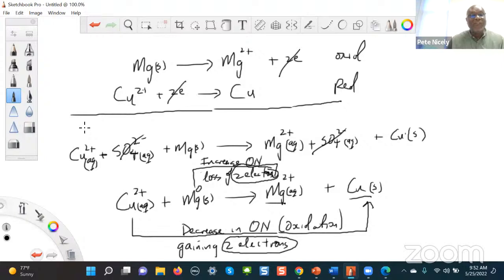And therefore, when you write down what is remaining, that would be the net equation, which would be Mg solid plus Cu2+ aqueous to give you Mg2+ aqueous plus Cu solid, all right?